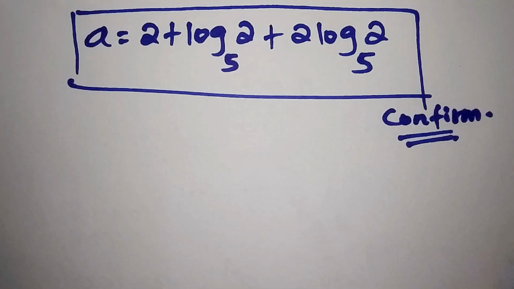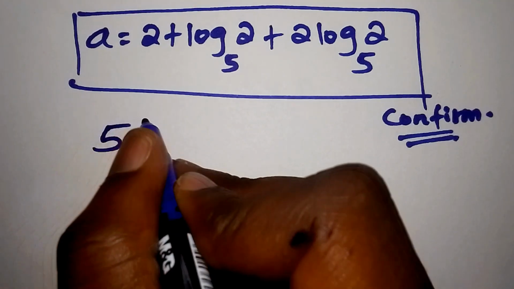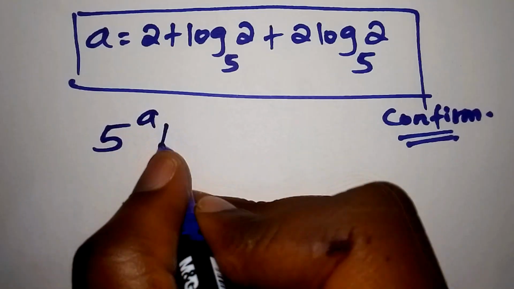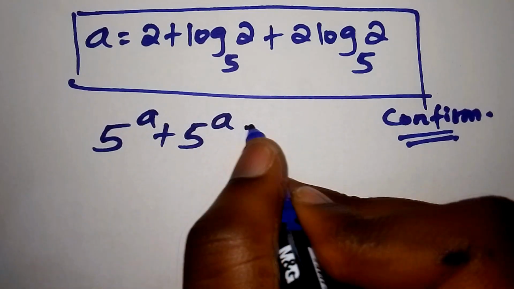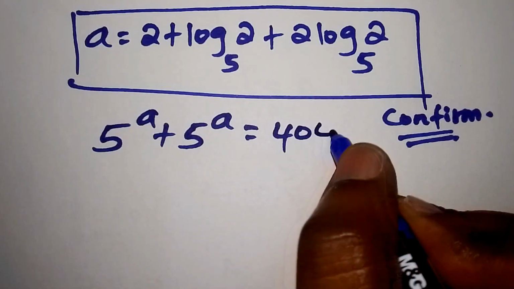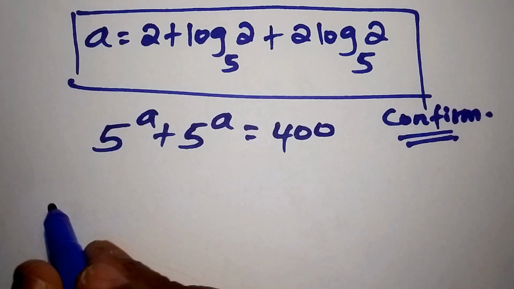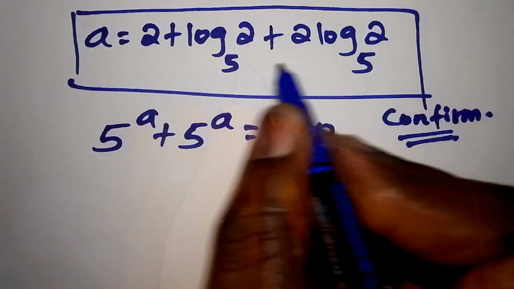So the maths problem that you had was 5 to the power of a, then plus 5 to the power of a, is equal to 400. So instead of writing a, we shall write the value we found.